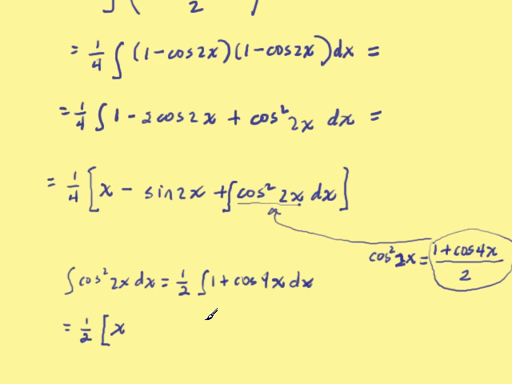The derivative of sine 4x is cosine 4x times 4. We're missing the 4, so we have a 1/4 over here. Okay, so this is the integral of cos squared 2x, and we're just going to take that and put it right here.